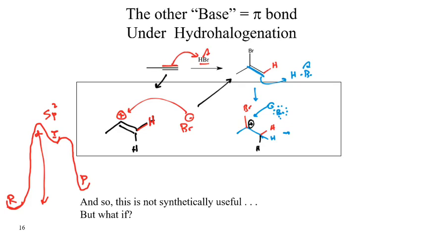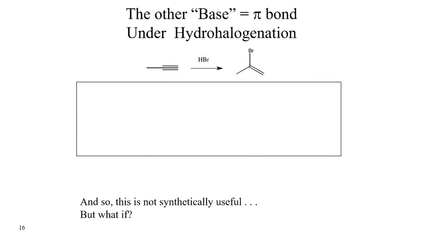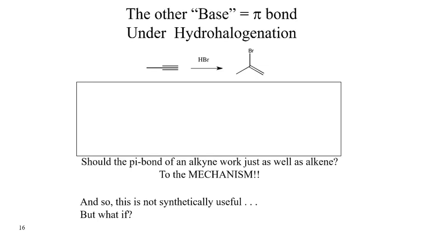And we would end with a final product with two bromines connected to it. So if we could somehow do this, cool, it would go all the way through and we'd get the double addition. It may not be super synthetically useful, but we can go through and do this.